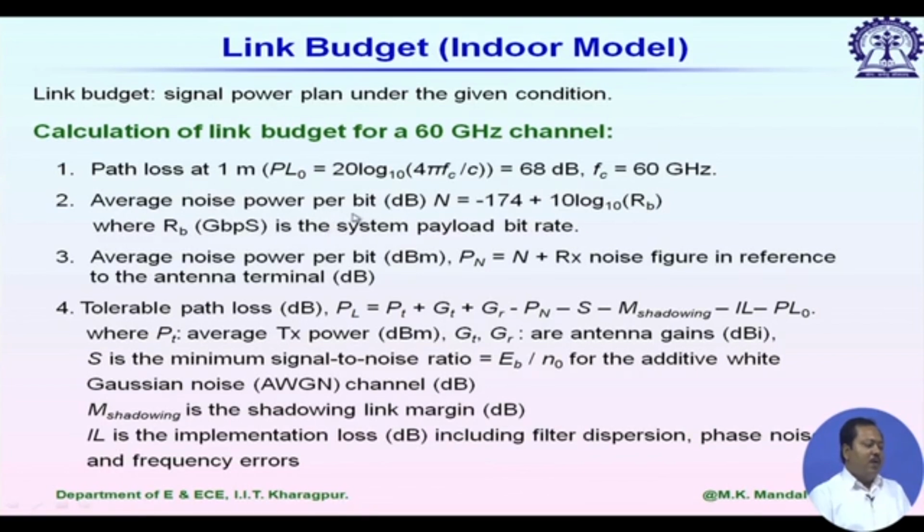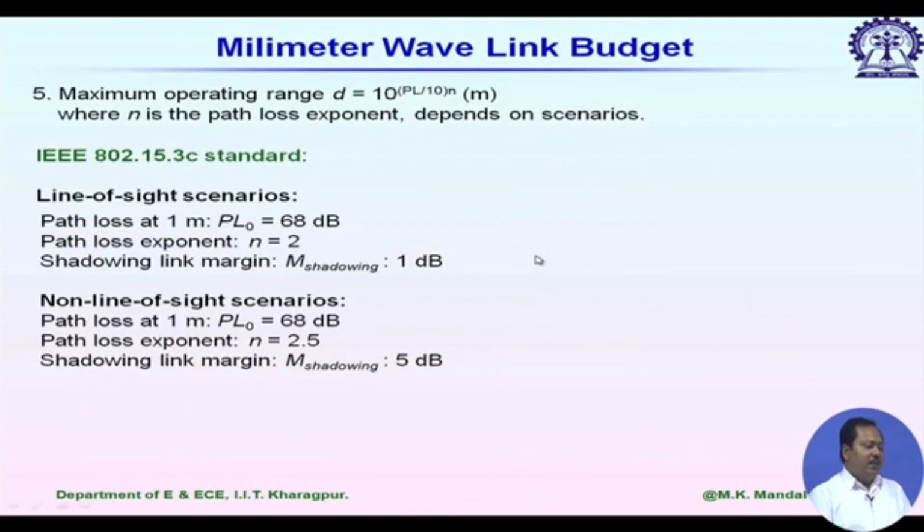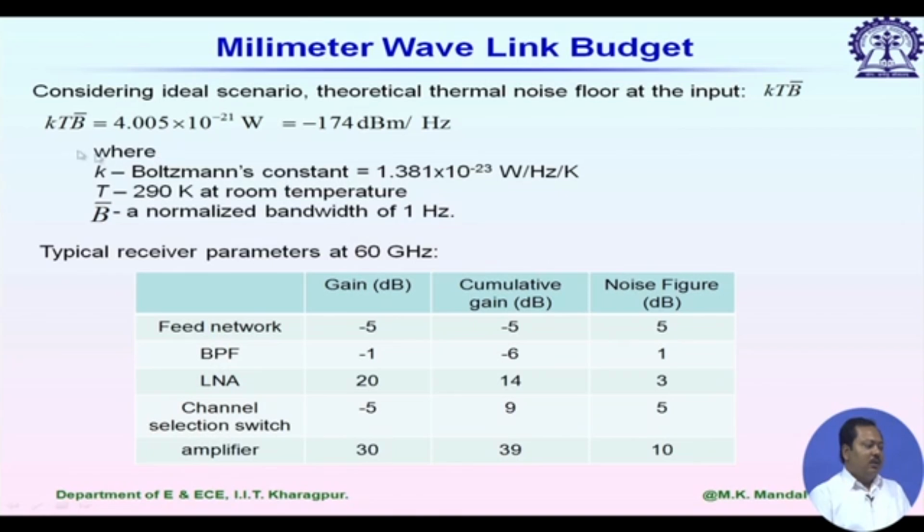Average noise power per bit n is equal to minus 174 plus 10 log10 of R_b. So, how does this 174 come? Thermal noise at the input depends on the noise temperature T and the noise bandwidth B, kTB.